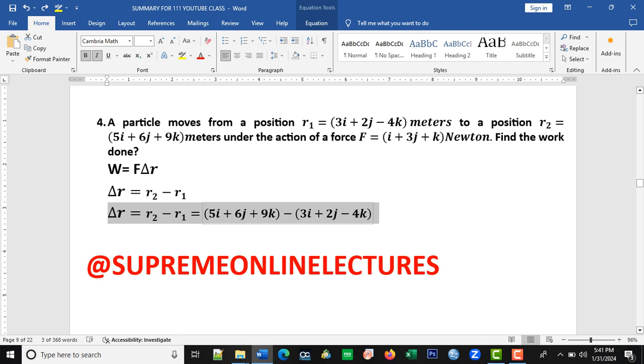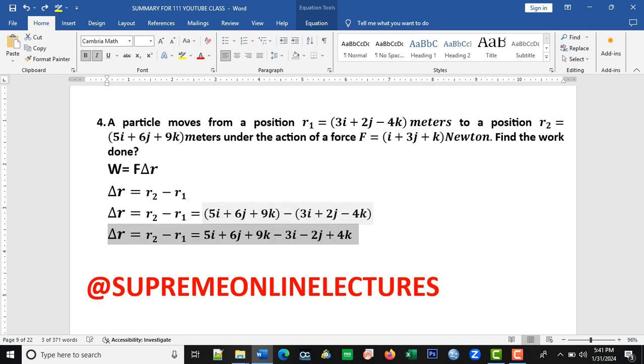On this side we have a positive 1, so multiplying across still gives a positive value. This gives us a new expression: r2 minus r1 equals 5i plus 6j plus 9k minus 3i minus 2j plus 4k.